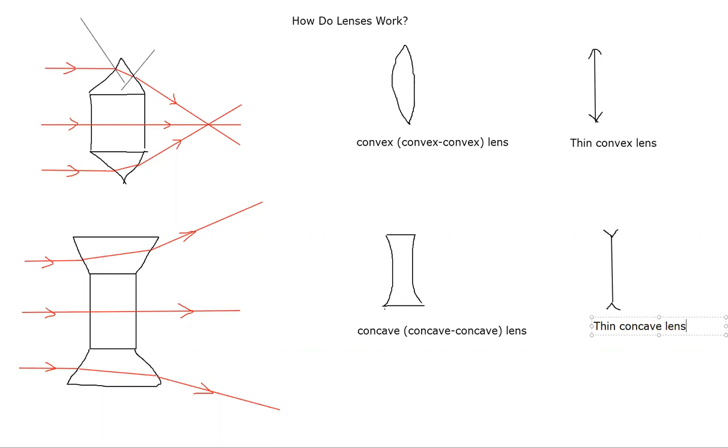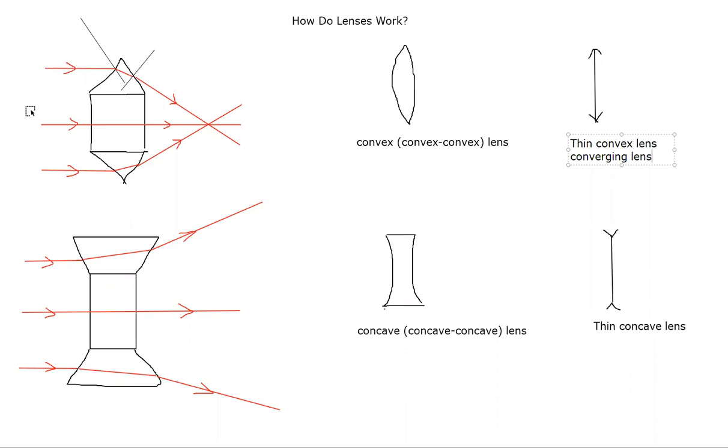So again, we'll talk about the problems with the thicker lenses later. There are certain problems that people try to avoid using all kinds of techniques. So this lens can also be called a converging lens. Why? Because it's going to converge the light coming from the source.